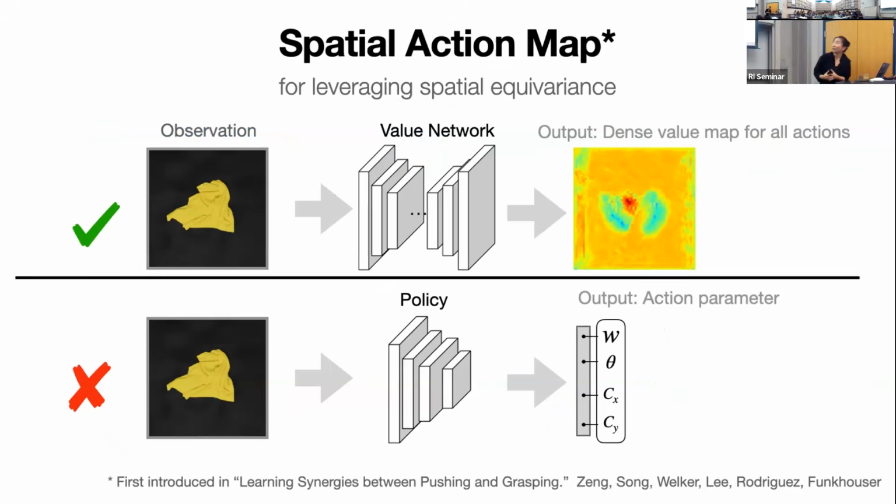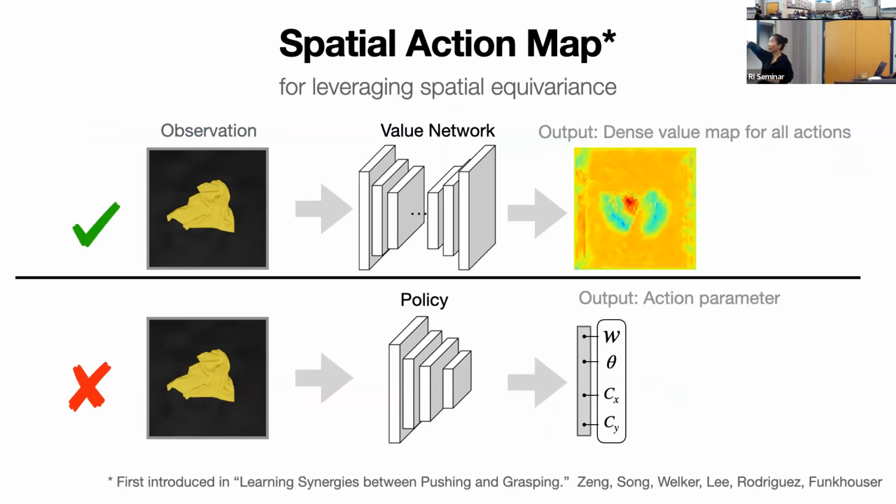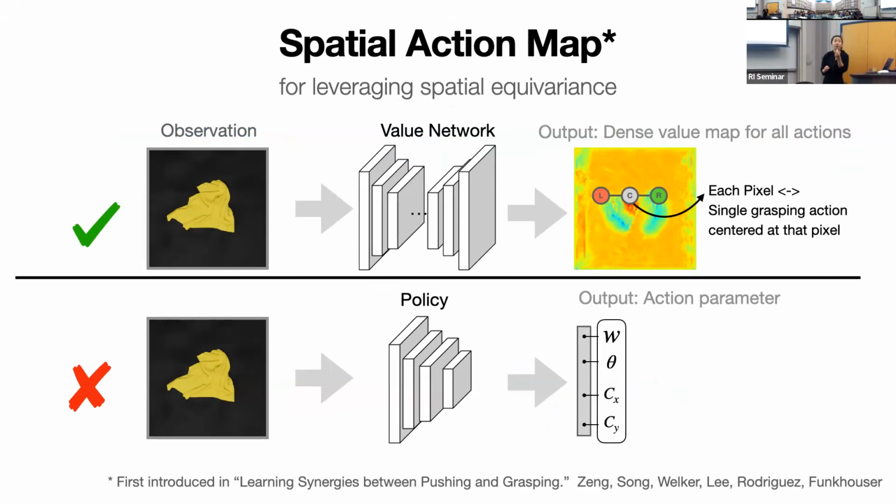So how can we leverage this structure, right? One typical method that we have been using quite often in our work is what we call spatial action map. Instead of trying to directly predict the action parameter as a vector, we instead try to predict a dense value map for all the actions, where each output pixel corresponds to a single grasping action that's centered around that pixel.